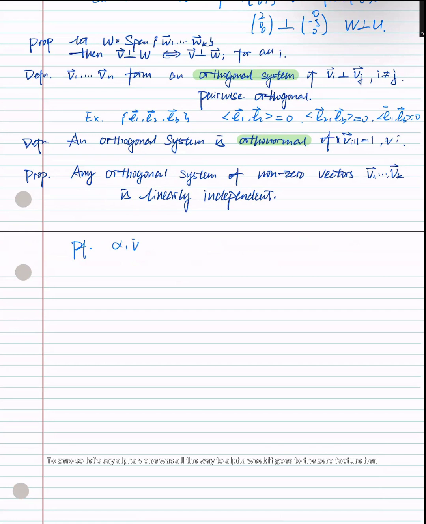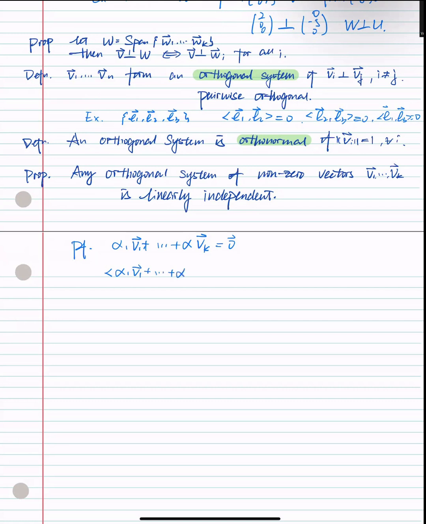So let's say alpha 1 v1 plus all the way to alpha k vk equals the 0 vector. Let's take this whole thing and take the inner product with any vi.